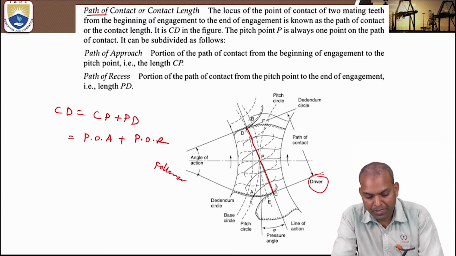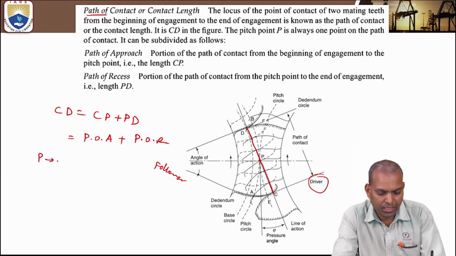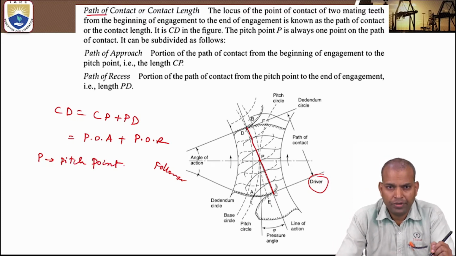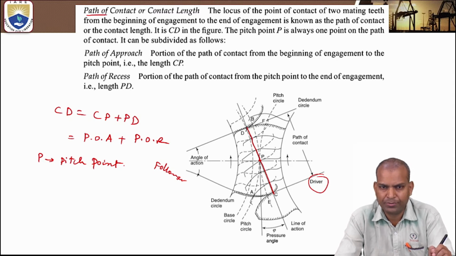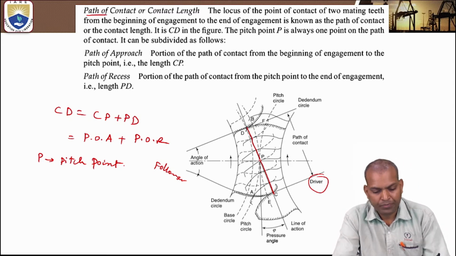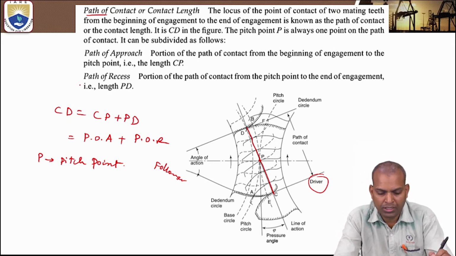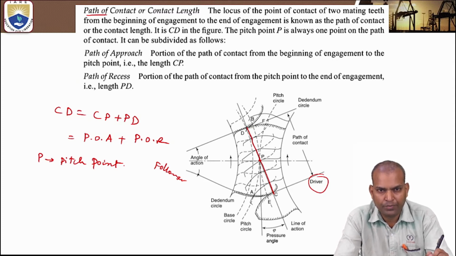Now there is a point P between CP and PD. That point P is known as pitch point. Pitch point is the point where the mating of two pitch circles of driver and follower wheels takes place. The path of approach is the portion of path of contact between the teeth from the point of engagement to the pitch point, that is CP.